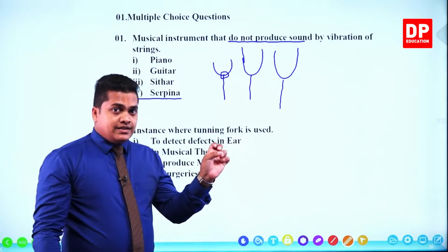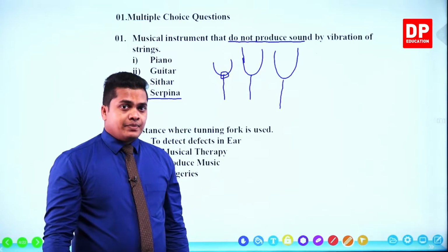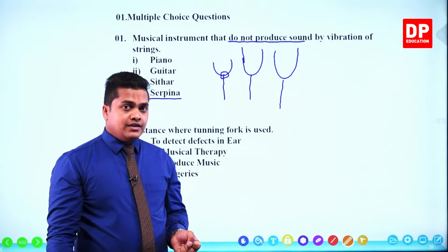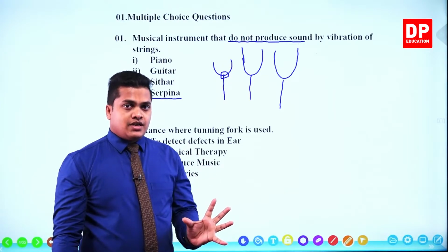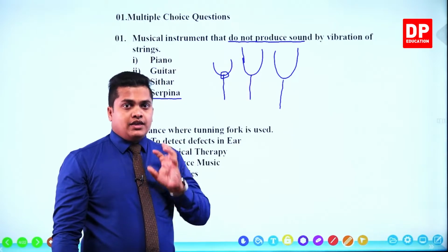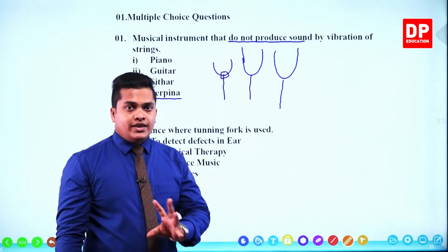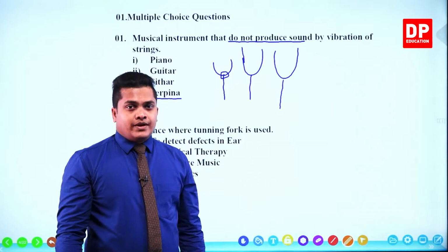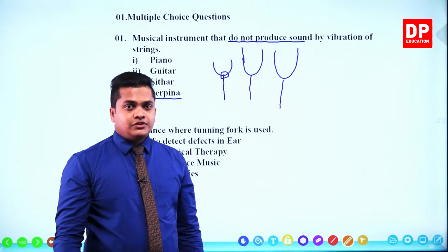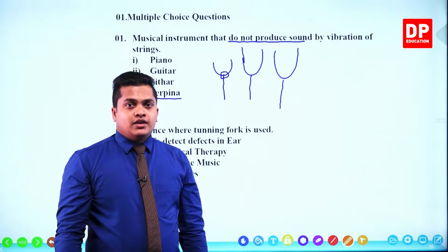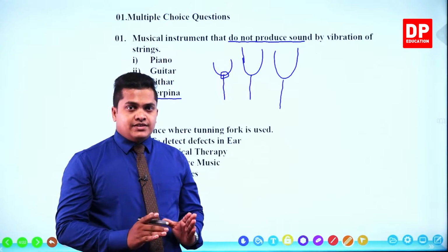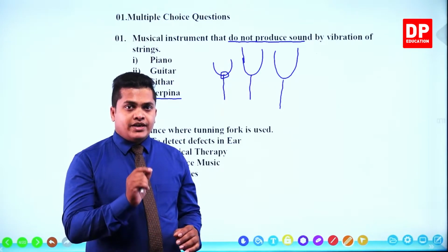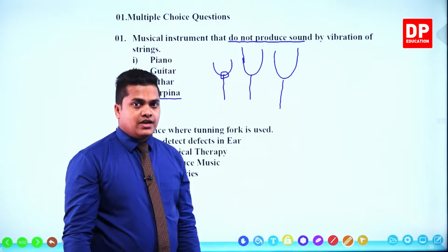So we can get several tuning forks and vibrate them. Then if a certain patient can't hear that sound, it means he has a defective ear, right? So we can come to a conclusion about diseases associated with the ear by using a tuning fork. So that's my answer, but we'll look at the other answers as well.